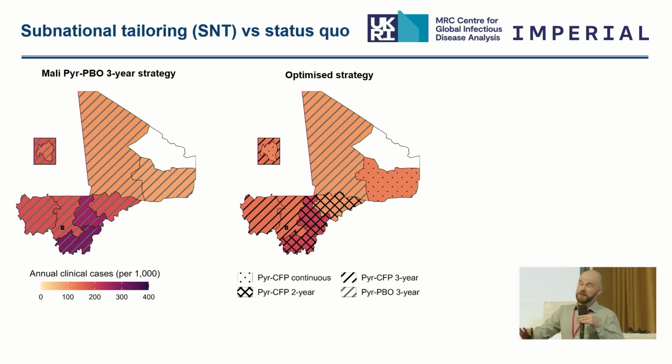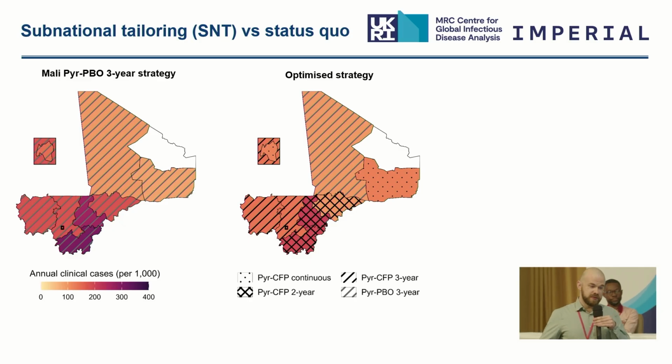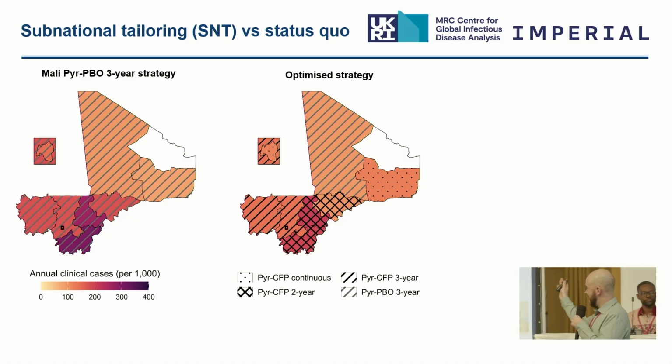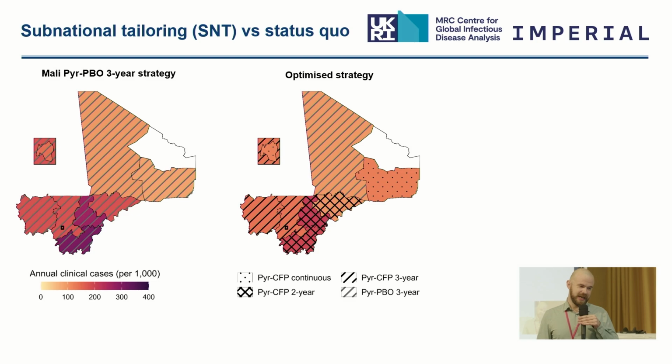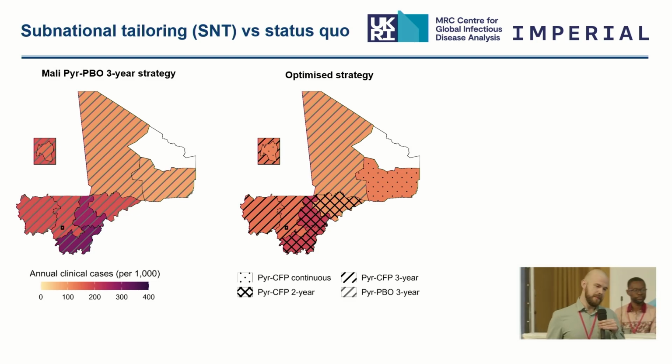So both of these plots we've estimated would have broadly similar costs, but on the optimized strategy, we've switched to chlorphenapyr nets in virtually every area, apart from the northern region of Timbuktu. I should also highlight Kidal in the northeast. We didn't include it in the analysis just because we didn't have enough data on that.